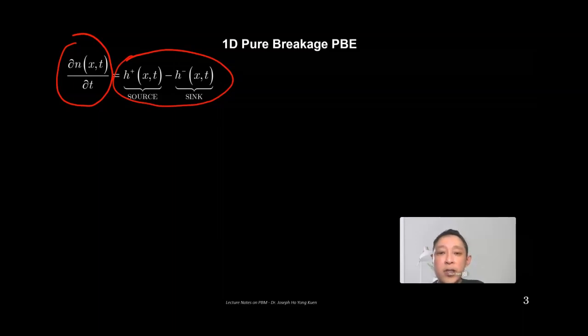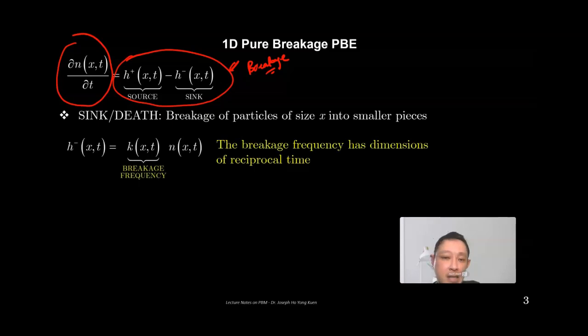So the key question that we ask ourselves is, how do we write this for a breakage population balance equation? How do we write the source and the sink term here? So let's just analyze them separately. First, let's look at the sink term, because the sink term is easy to imagine.